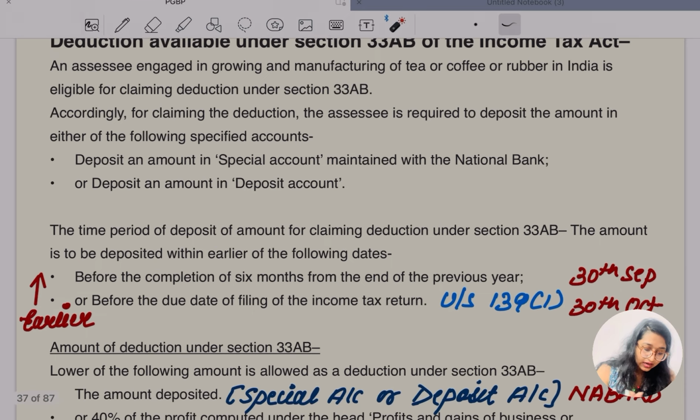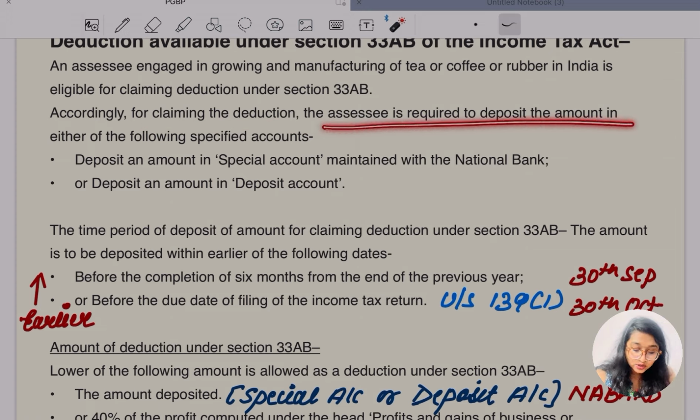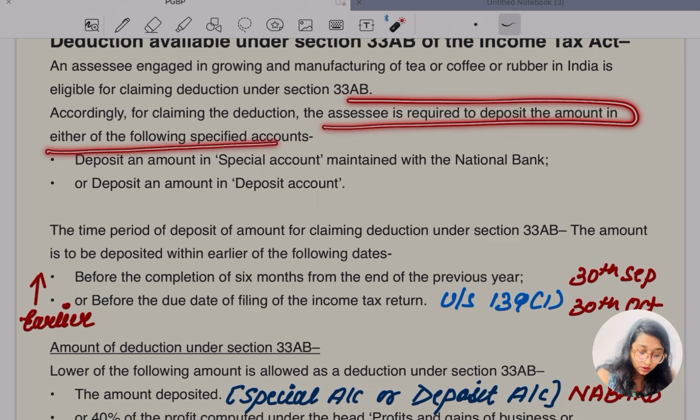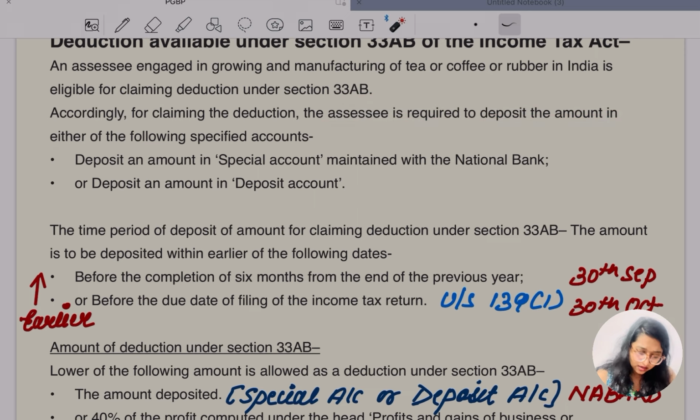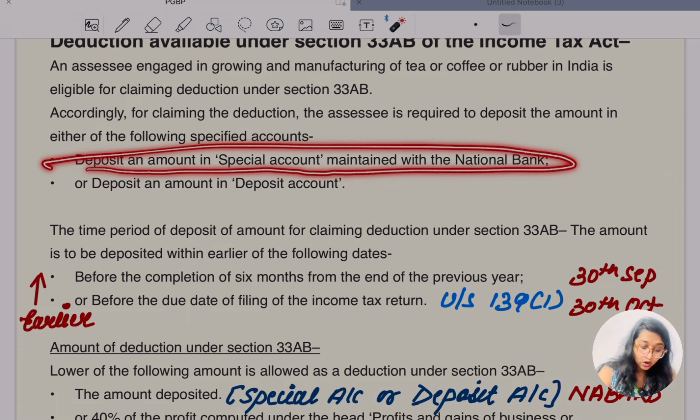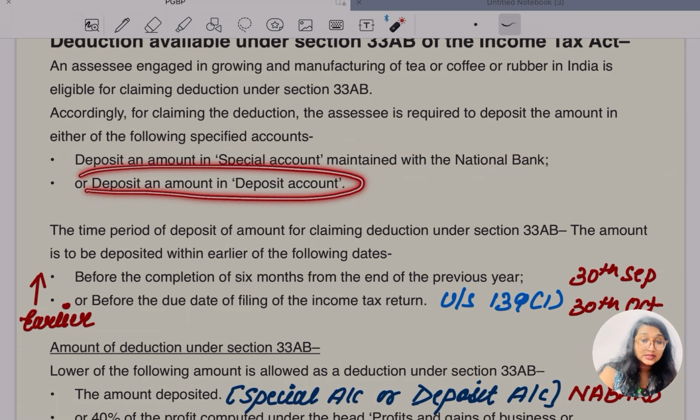So let me read it here. An SSC engaged in growing or manufacturing of tea, rubber, coffee in India is eligible to claim the deduction under section 33AB. For claiming the deduction, the SSC is required to deposit the amount in the following specified account: either deposit the amount in a special account maintained by National Bank, or deposit an amount in the deposit account.